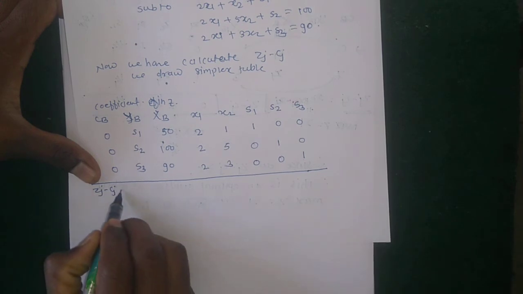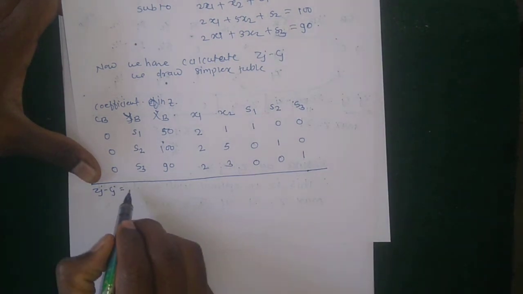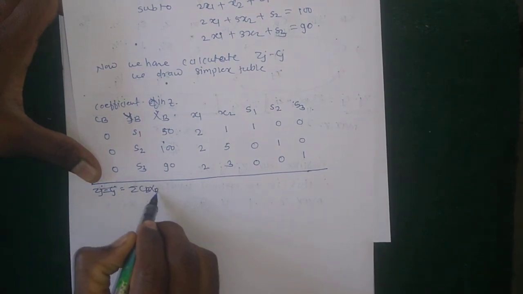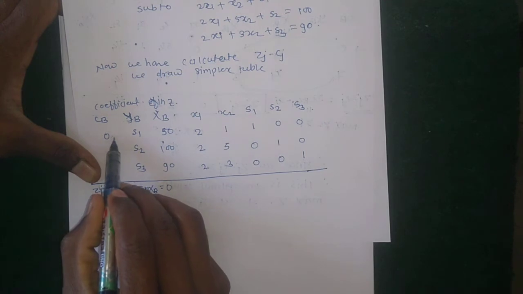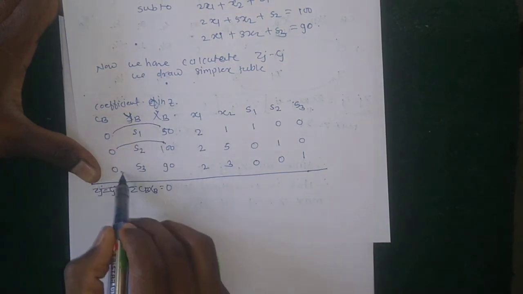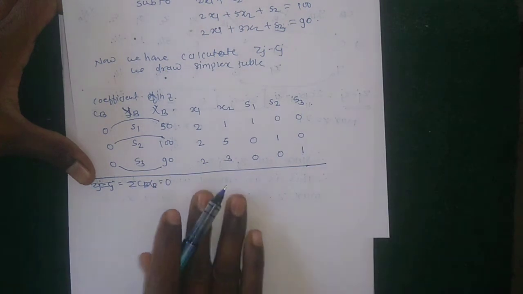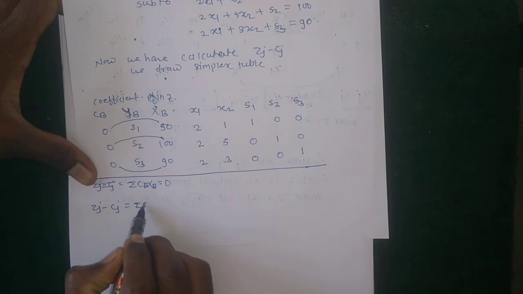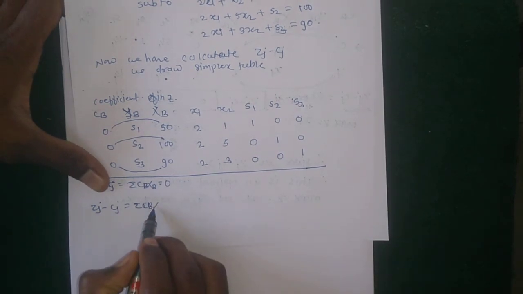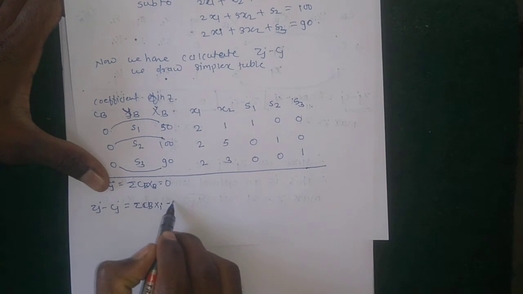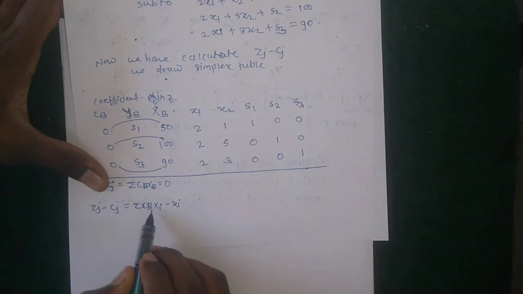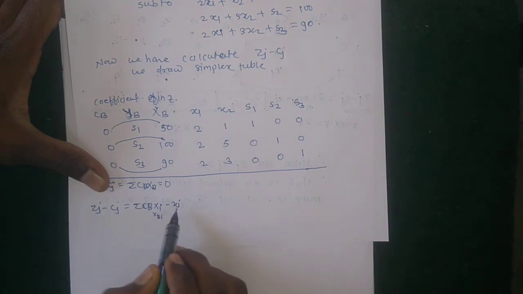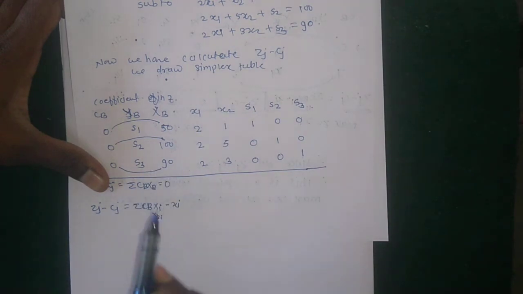Now we have to calculate zj minus cj. How do we calculate it? Firstly, the summation of CB times XB is 0 into 50 plus 0 into 100 plus 0 into 90, which is 0. Then we calculate zj minus cj as CB times the column coefficient minus cj.